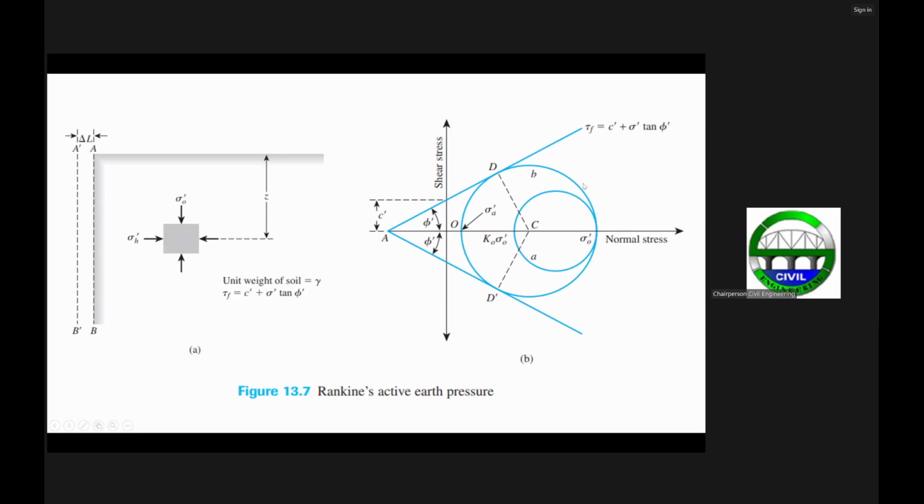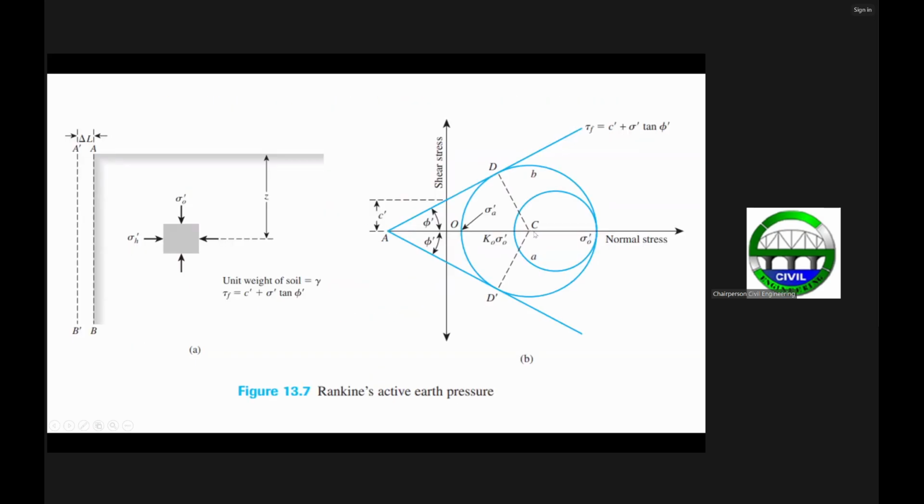So with respect to this Mohr circle, it has a radius DC. Let's consider the radius DC, which is perpendicular to the failure envelope, in such a way that you will create a right triangle. This one here is 90 degrees. So you have here a right triangle. That means we can have the sine of phi prime equal to the opposite side over the hypotenuse.